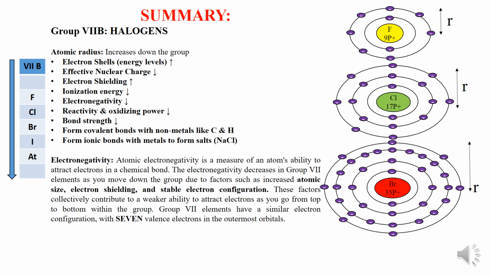The electron shells or the energy levels increase, effective nuclear charge decreases, electron shielding increases, ionization energy decreases, electronegativity decreases, reactivity and oxidizing power decreases, bond strength decreases, and halogens form covalent bonds with non-metals like carbon and hydrogen, and they form ionic bonds with metals to form salts.